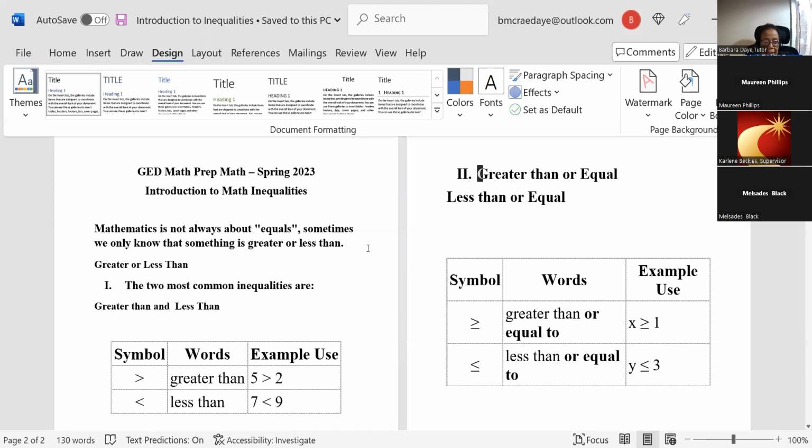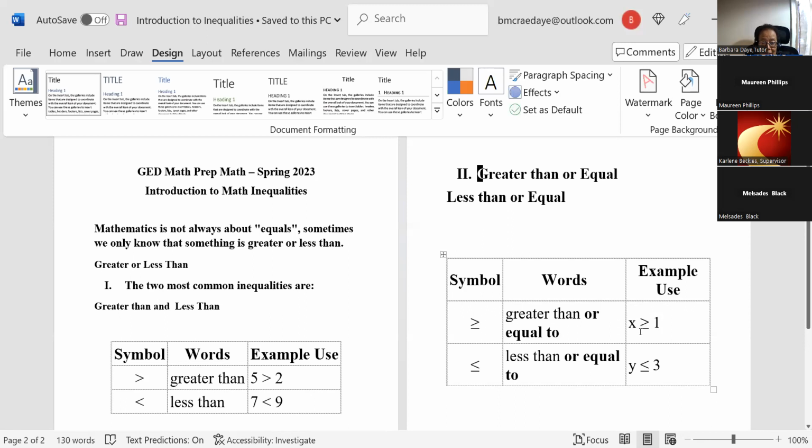Now, greater than is if you compare two numbers, 5 is bigger than 2, right? So we say 5 is greater than 2. 7 is smaller than 9, so we say 7 is less than 9. Now, when we get to greater than or equal, that means the number is equal to what's on the right side or is greater than.